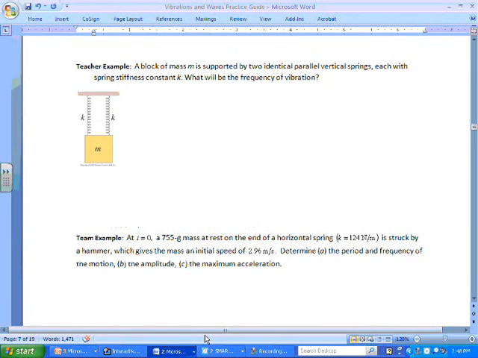So let's see what happens when we start applying that. Remember, our new concept is that omega is the square root of k over m.